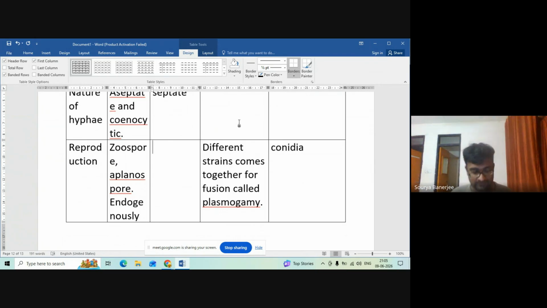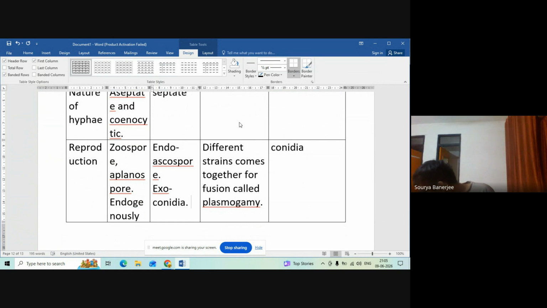The spores formed endogenously are called ascospores, and exogenously, those spores are called conidia, the same conidia which you have seen in deuteromycetes. The exogenous ones come under asexual reproduction, but the ascospore comes under sexual reproduction.